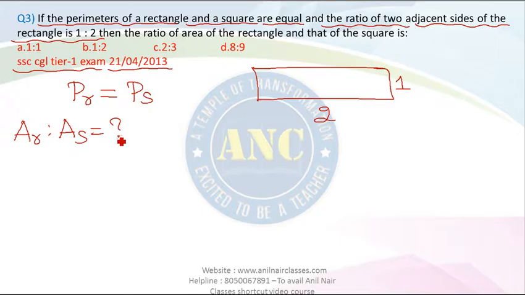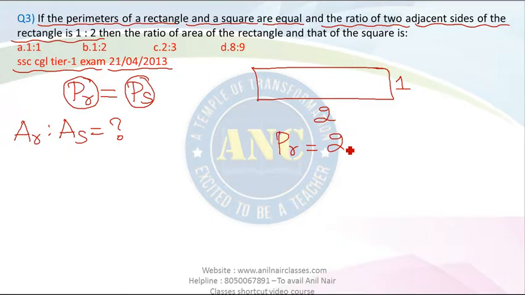Now, very easy logic once again, sir. It is given that the perimeter of the rectangle, whatever value I get, is absolutely the same as the perimeter of the square. First let me find the perimeter of the rectangle.